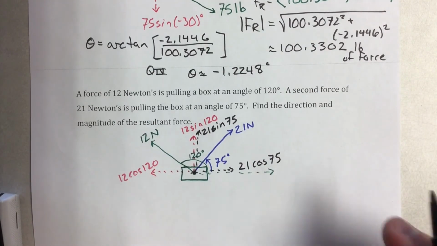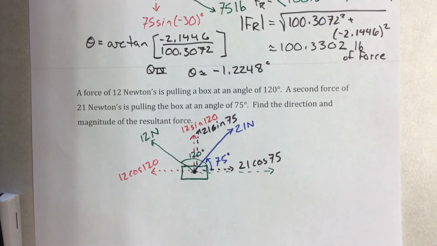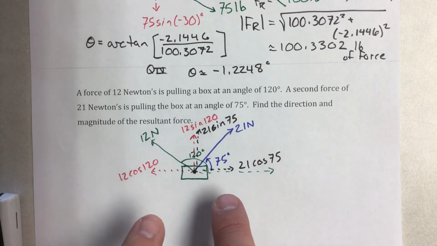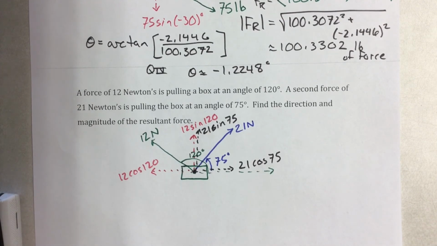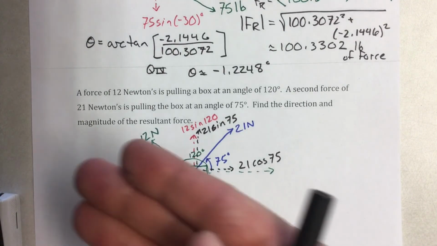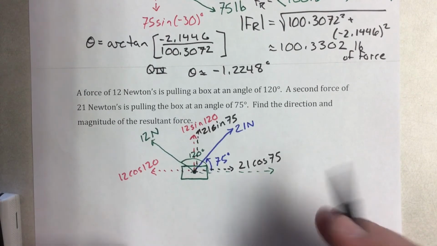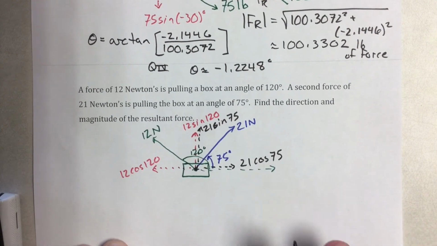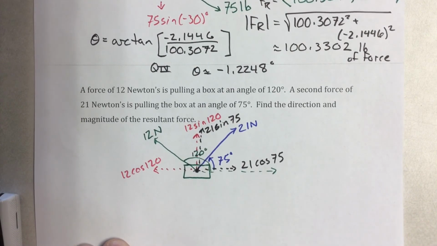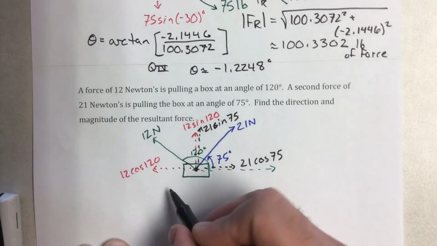Our x components go in opposite directions, but in this case, I do not have to subtract them. The reason is because cosine of 120 is a negative value, so that's where we get the subtraction, meaning I can just add them. If you do this correctly, you will just have to add your components.